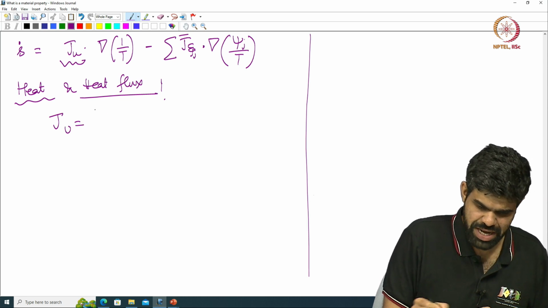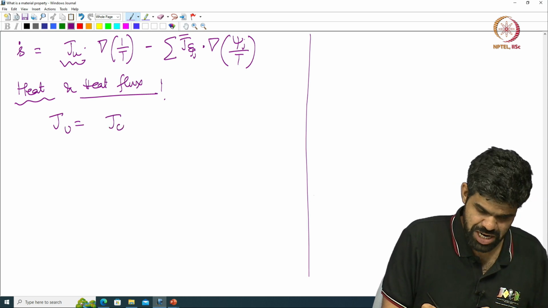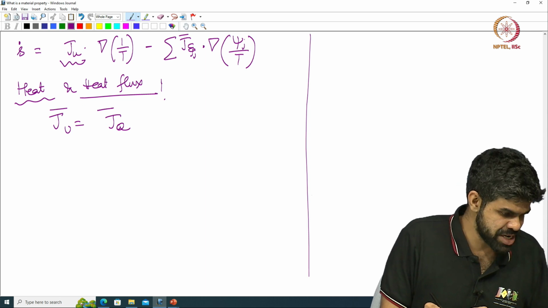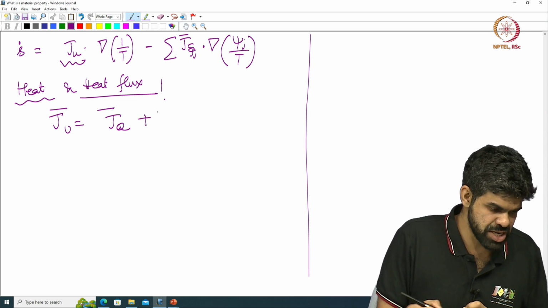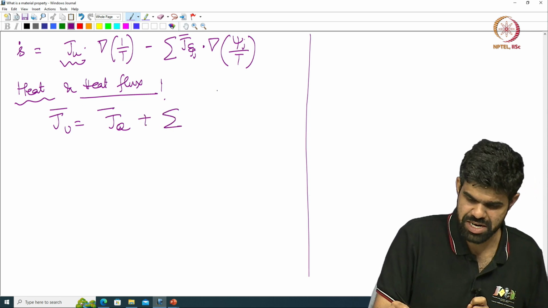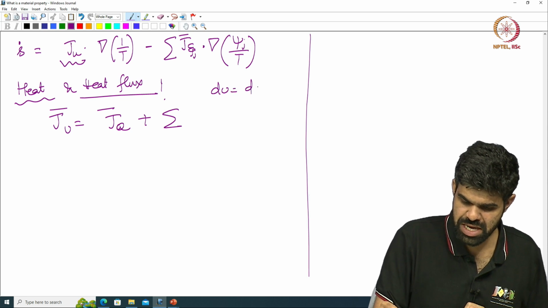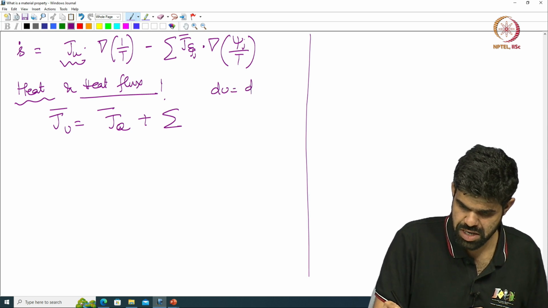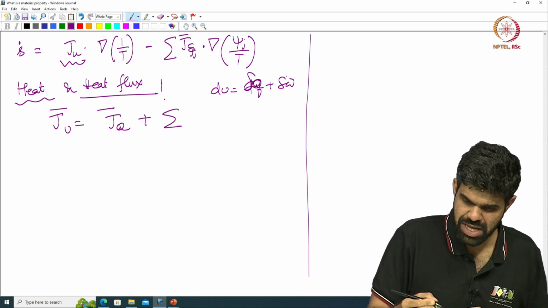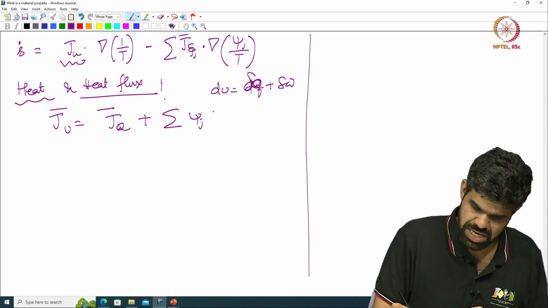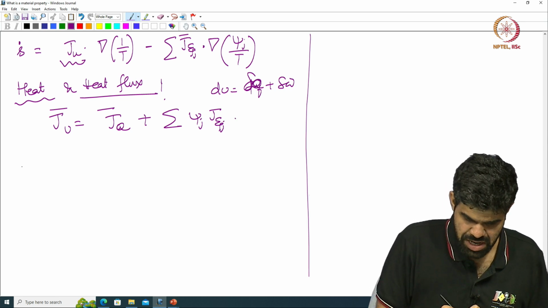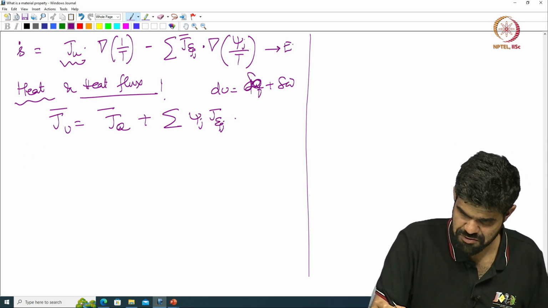For J u, I go back to the first law of thermodynamics and put it in terms of fluxes. J u is J q plus the work that is done, right. So dU equals delta q plus delta w, and the work that is done is psi j epsilon j, okay. So this conversion I am going to do. This is equation 5.